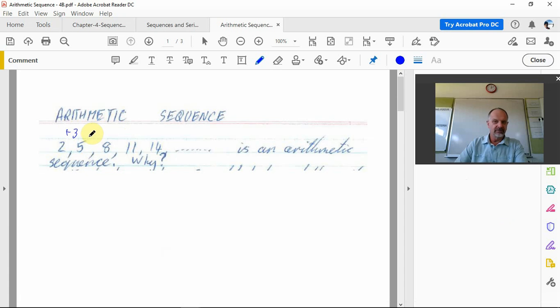Then to get 8, we add 3. And then we add another 3 and we get 11, another 3, and we get 14. So you can see, we're adding the same number each time.